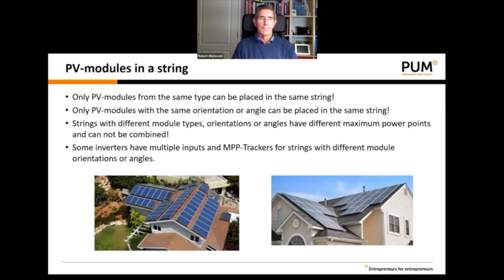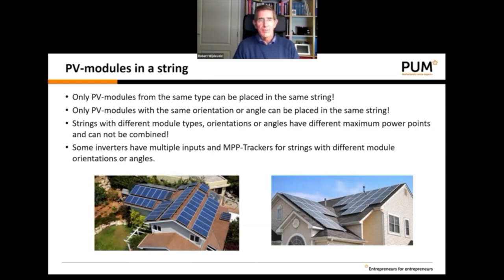Modules in a string. Only PV modules of the same type can be placed in the same string. And only PV modules with the same orientation or the same angle on the roof can be placed in the same string.